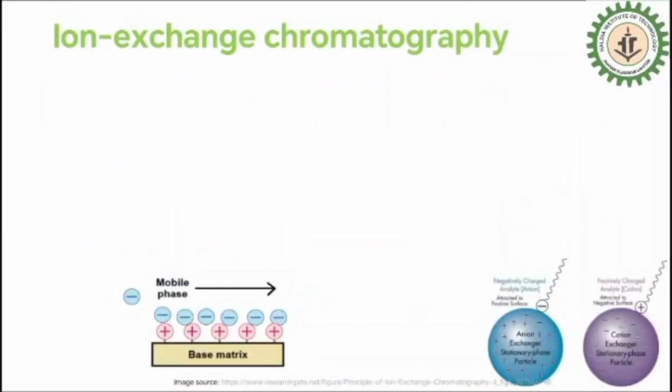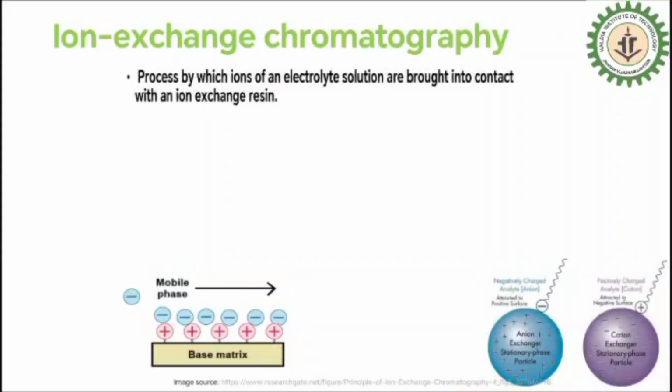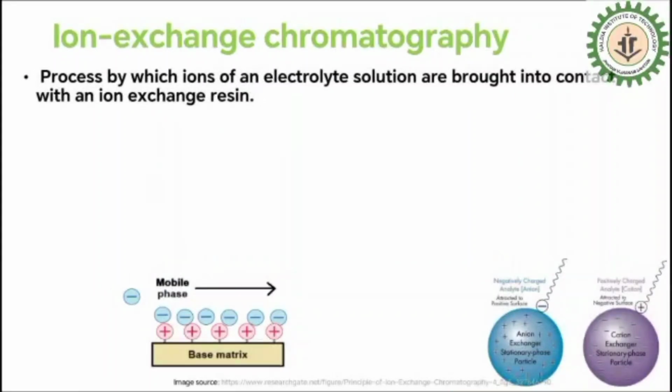The next variety of chromatography is ion exchange chromatography. In ion exchange chromatography, the stationary phase contains one kind of charge, for example, positive charge. The gel matrix is a kind of resin which carries fixed charges, and these charges are not exchangeable.